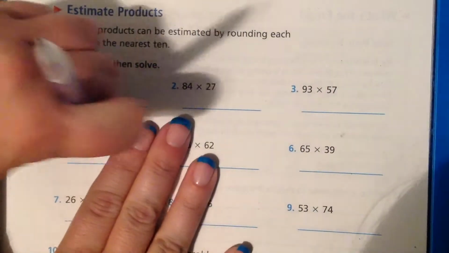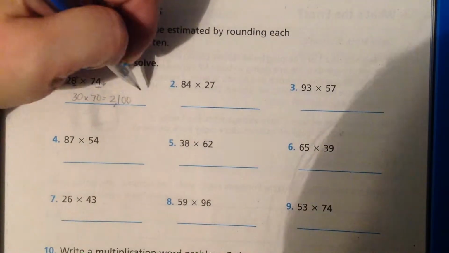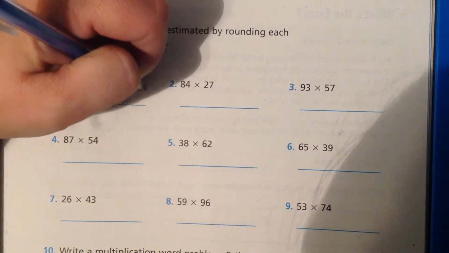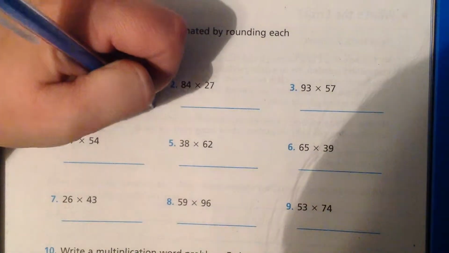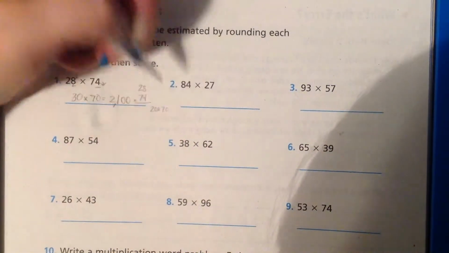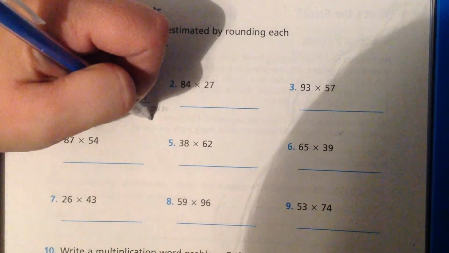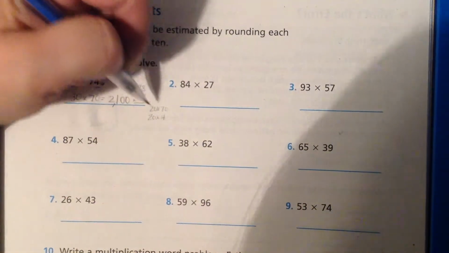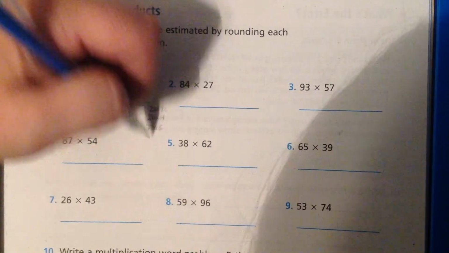And I am going to run out of room, so I'm going to do them over here instead. So 28 times 74. I know that I'm going to have 20 times 70. I know that I'm going to have 20 times 4. 70 times 8. And 8 times 4.